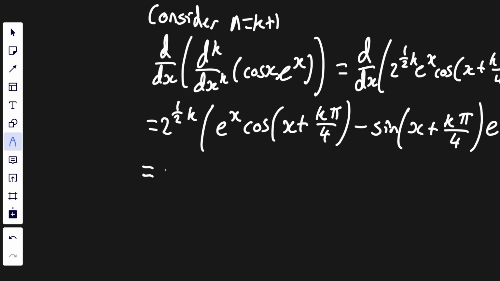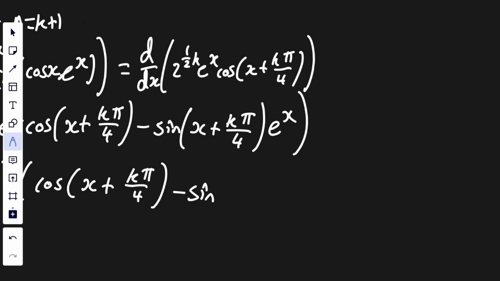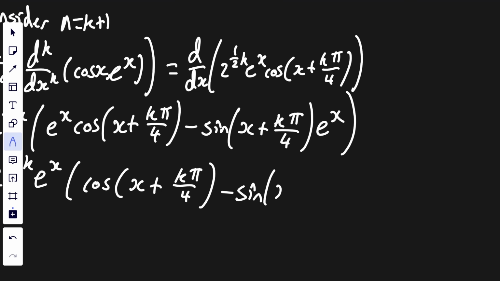So pulling out the e to the x, we're going to get 2 to the half k, e to the x, (cos of (x plus k pi on 4) minus sine of (x plus k pi on 4)).